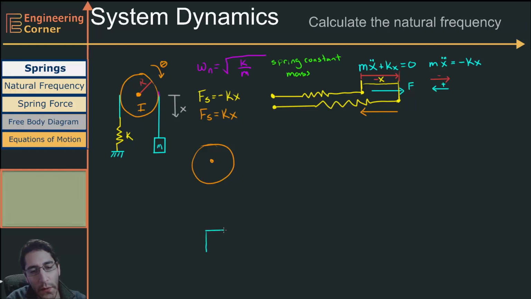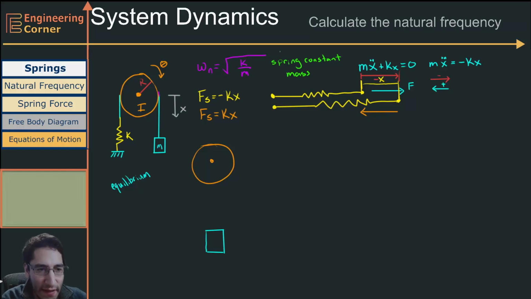Now, pulley systems and two masses are a bit tough because we want to draw a free body diagram from an equilibrium position. So what does that mean? That means we have put this mass on the pulley, and the spring stretches some distance from here to here, right? So we've stretched some position.